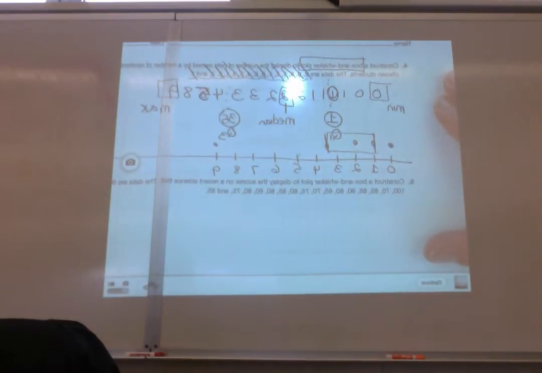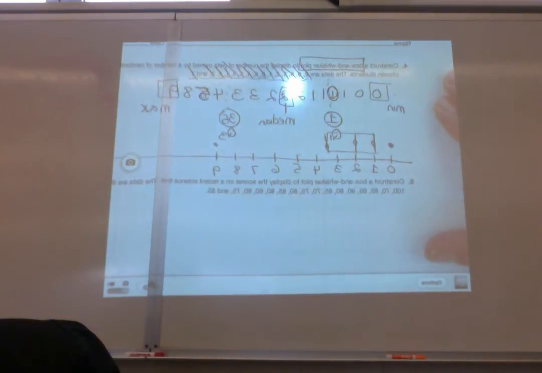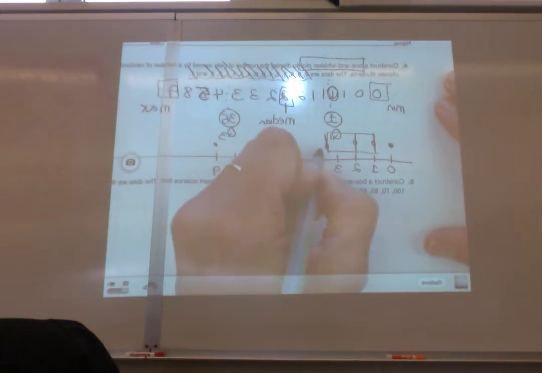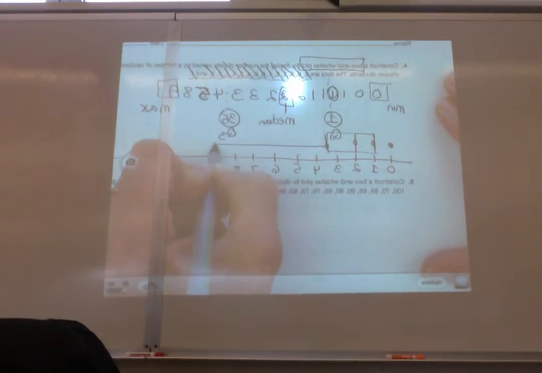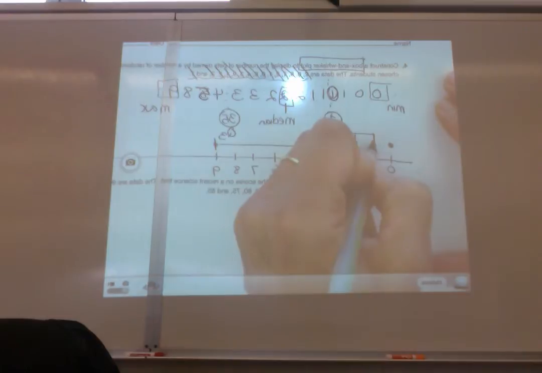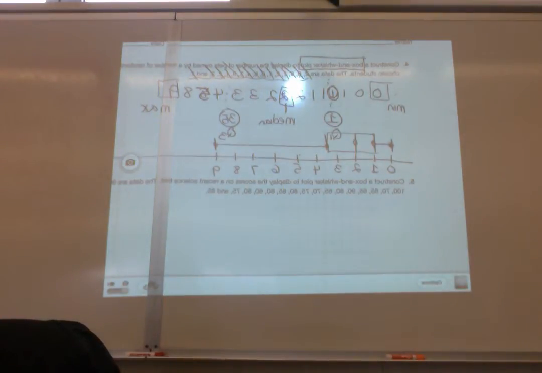There's our box. You put a line through the median in that box to show where it is. Brody, is this matching what you have? Yeah. Then you're going to draw one long whisker this way with a little line at the end, and one short whisker this way with a little line at the end.